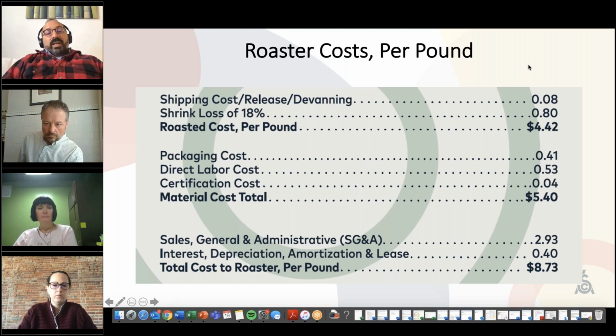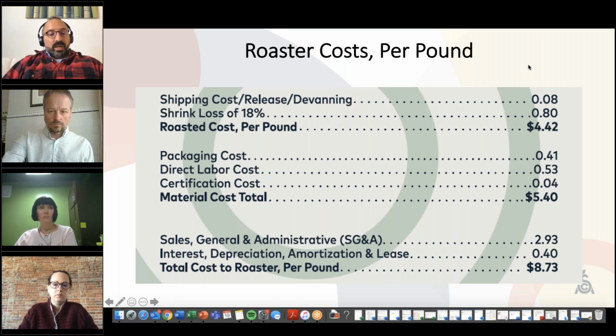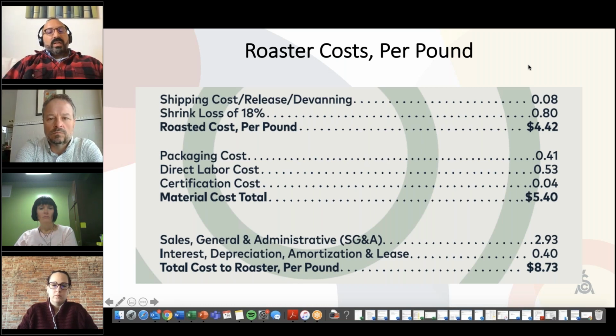And then here, the direct labor cost, that is the cost really of the roaster themselves, the roasting personnel, the person who is turning the coffee from green coffee to roasted coffee. So that direct labor is estimated here at about 53 cents. That varies a lot according to the scale of the roaster.